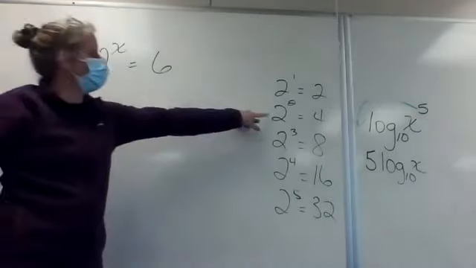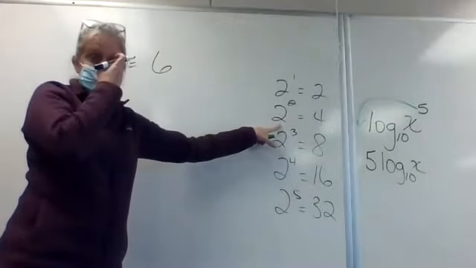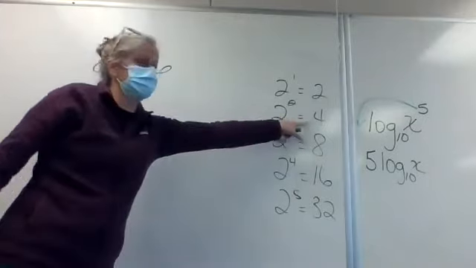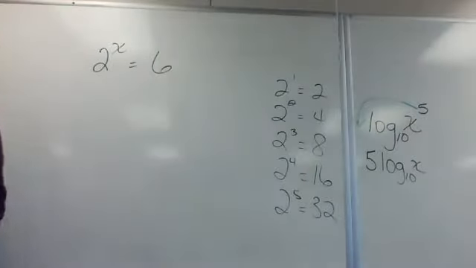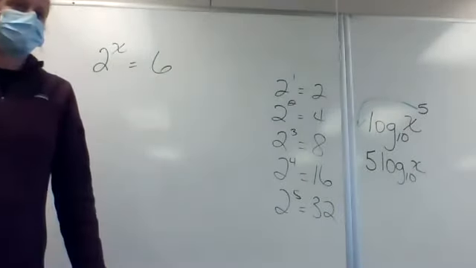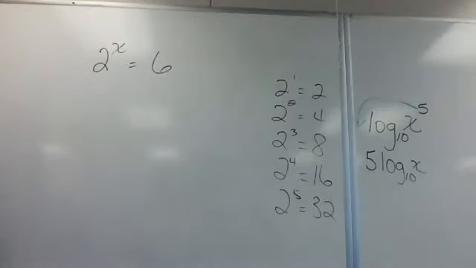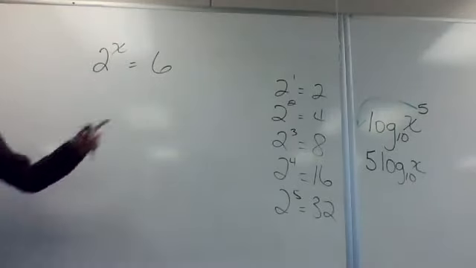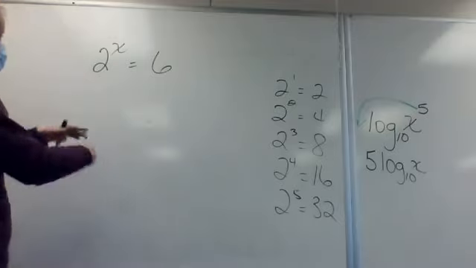Okay, so I cannot, look, if I'm doing a base of 2, it skips over 6, right? Because it goes from 4 to 8. So I cannot rewrite 6 as 2 to a certain power easily. Okay, so that means what method am I using? How am I going to get that exponent down? You're going to log both sides.